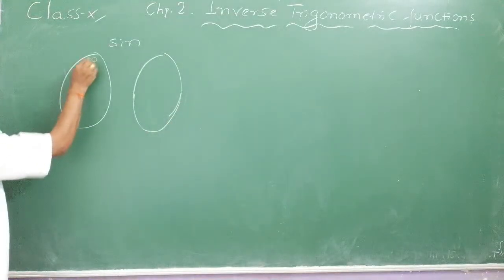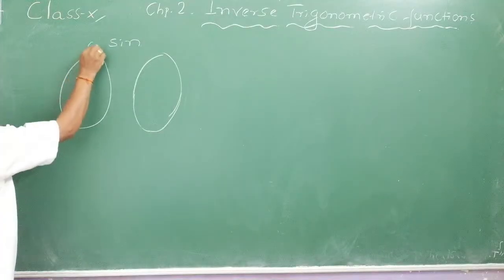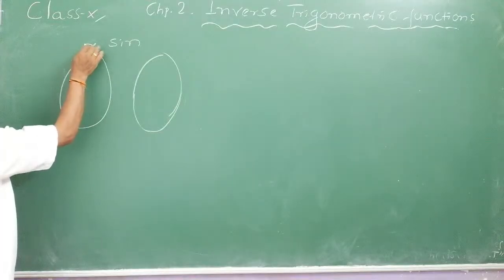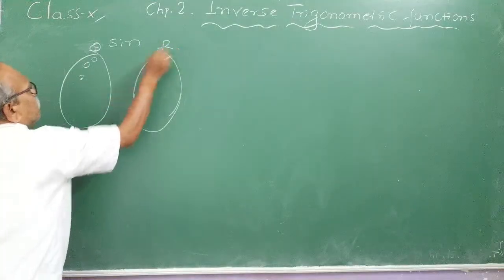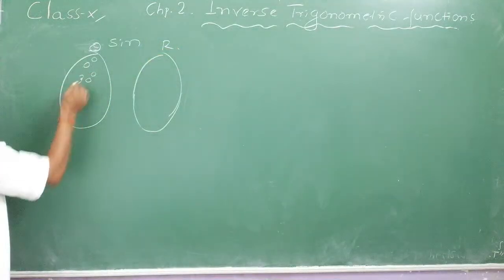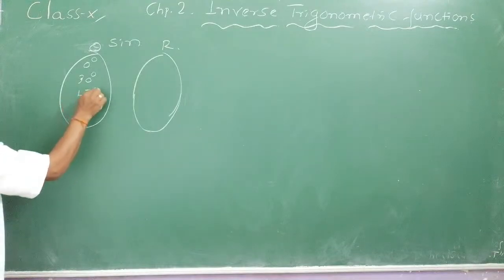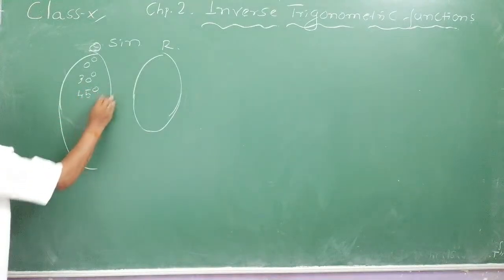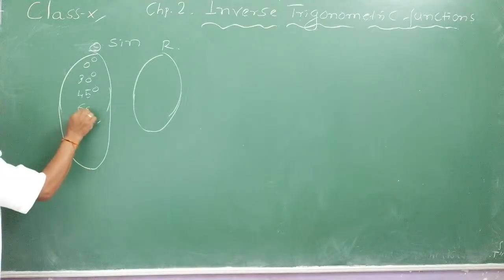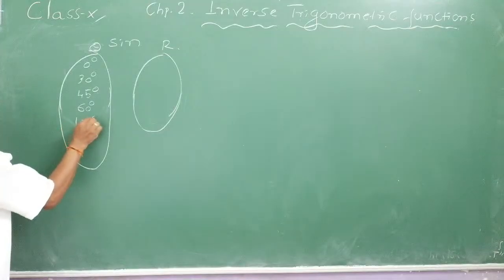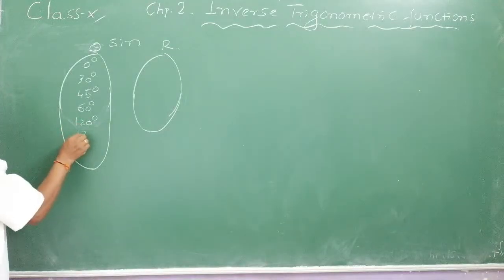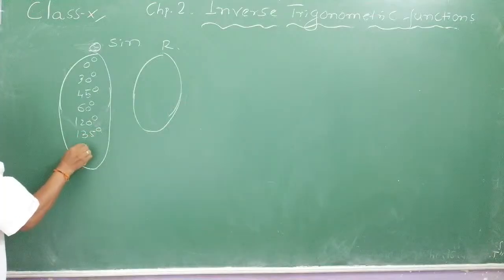So if I take 0 degree and all real angles, say real angles x or theta, this is real values. 0 degree, suppose that I take 30 degree, 45 degree, 60 degree, continue with allied angle, 120 degree, 135 degree, 90 degree, so on.